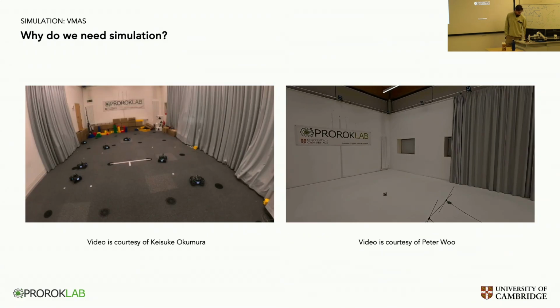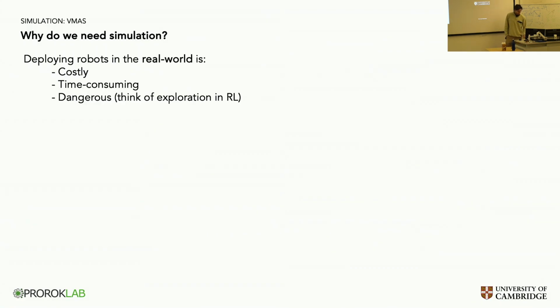And yes, part of the reason is this one. It's very costly to train robots in the real world. It's time consuming, and it's dangerous. You can think of an autonomous vehicle that needs to explore, and it needs to know what it means to crash into a wall, but doing this in the real world is of course too dangerous and unfeasible.